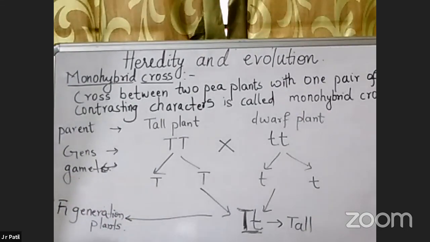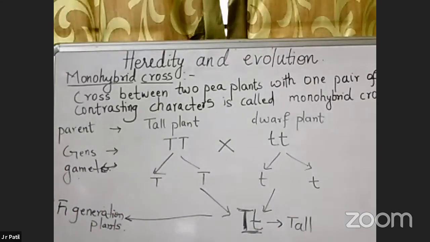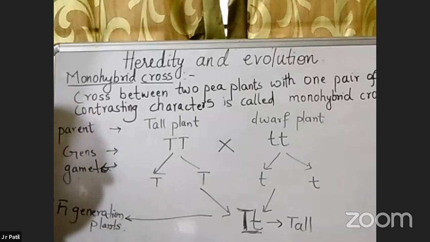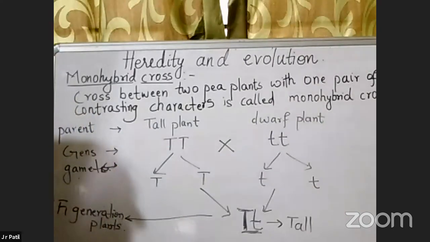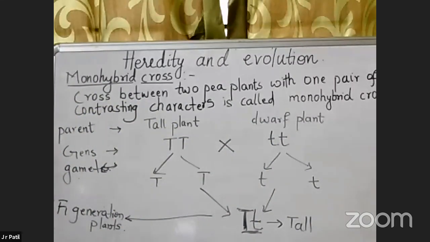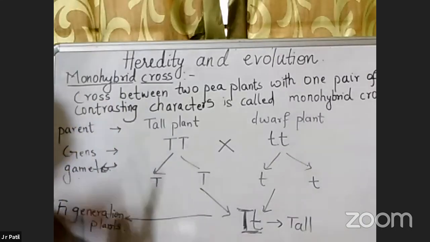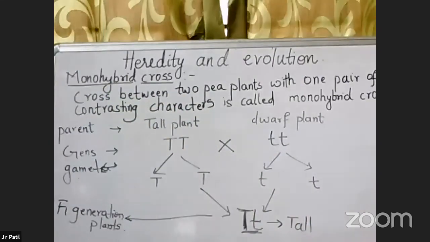Okay. Again, I will repeat this, what we have done. Just listen, children. First, we took one parent plant, one tall plant, and one dwarf plant. The allele pairs present in the tall plant are two capital T, and in the dwarf plant are two small t's. Right? So capital T is the gamete of the tall plant, small t is the gamete of the dwarf plant.